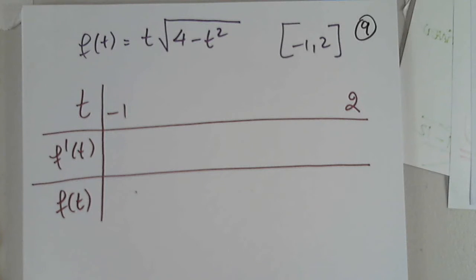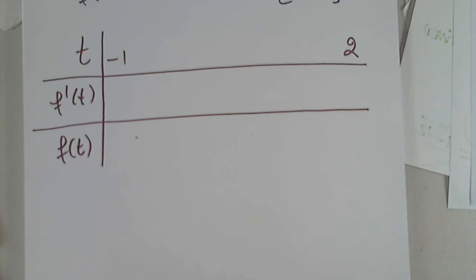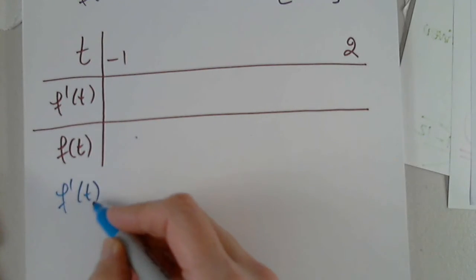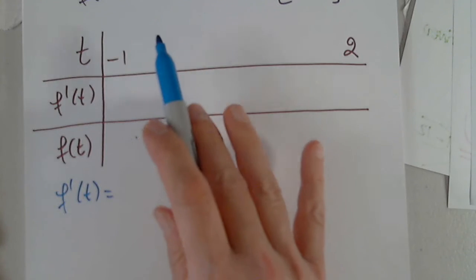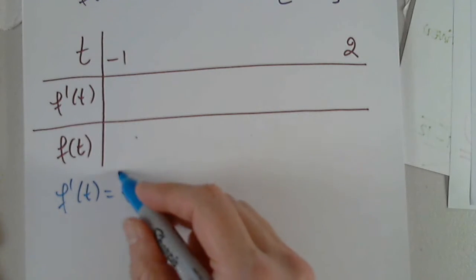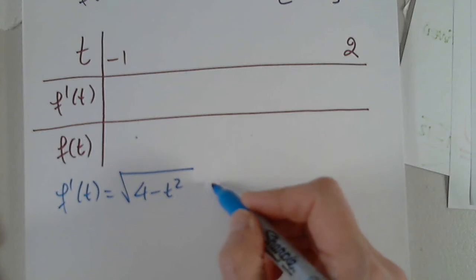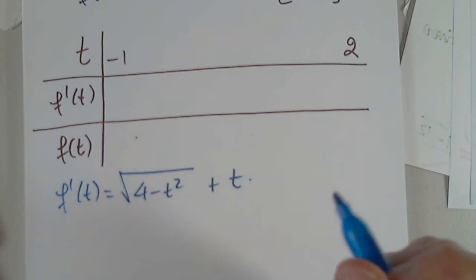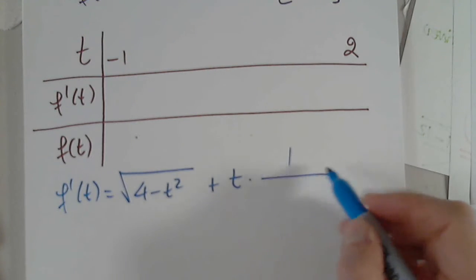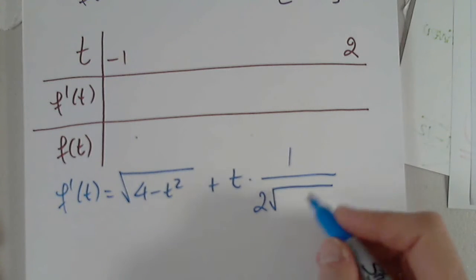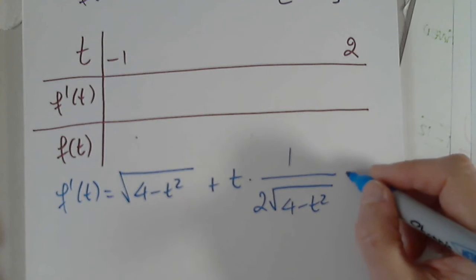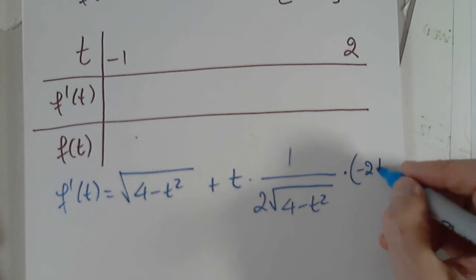First of all, I need to know whether this function has critical numbers. I don't know if it has critical numbers or not till I find the derivative. So f prime of t, this is a product. I have to be careful. The first function prime is 1 times the square root of 4 minus t squared plus t times the second function prime, which is 1 over 2 the square root of 4 minus t squared times the inner function prime, which is -2t.